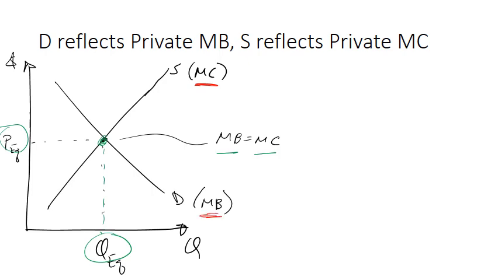To put it in more plain language though, producers are only willing to produce the next unit of output if the price is sufficiently large to cover the marginal costs of producing that last unit. So obviously, as the price gets higher, more and more producers are willing to provide output, hence the positively sloped supply curve.